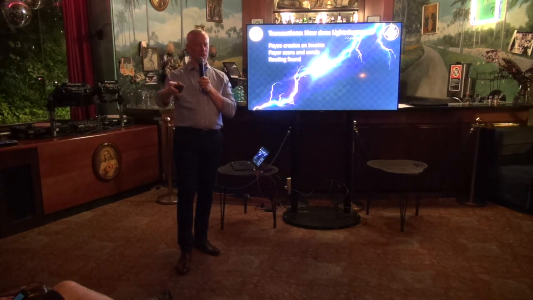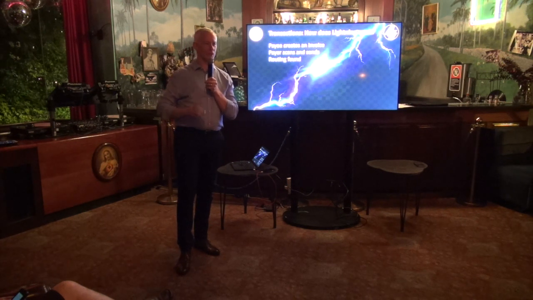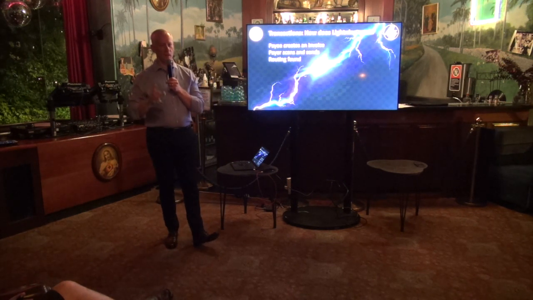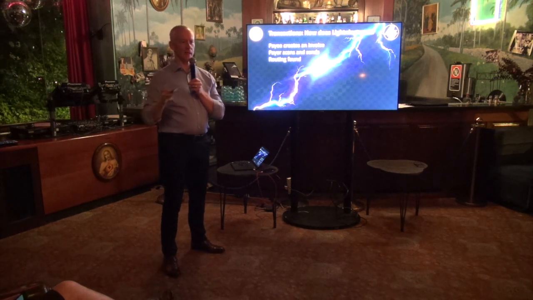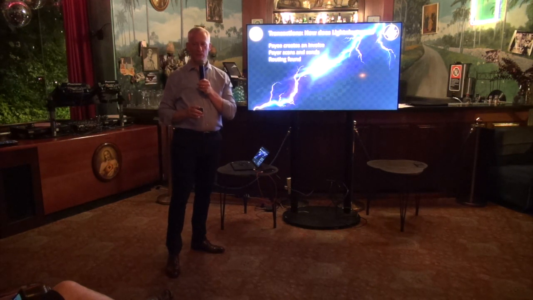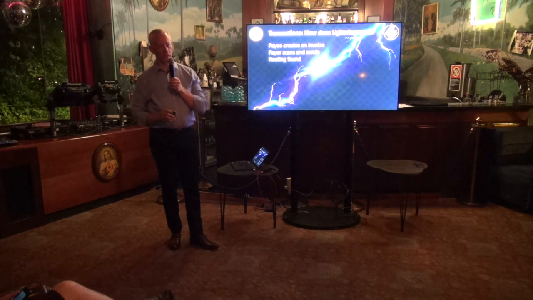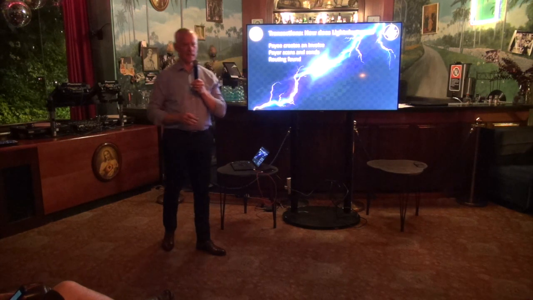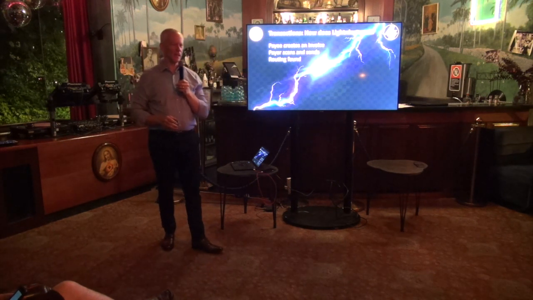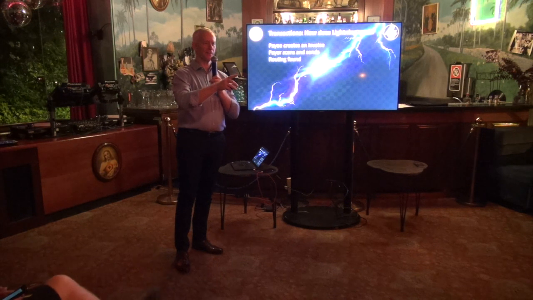So my node talks to Stefan's node and says, I've got a payment for 2 million sats to route to that person over there. Do you know that person? And Stefan's node goes, no, I don't know that person, but I'll ask someone who does. And so Stefan sends it out to all of his nodes. One of them's Hass, and Hass goes, yeah, I've got a connection to that one.